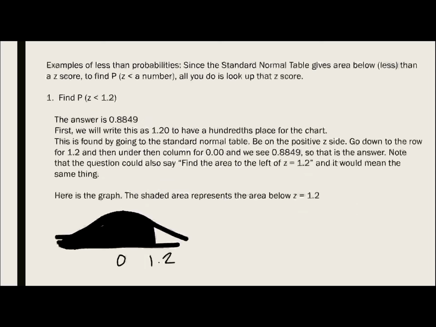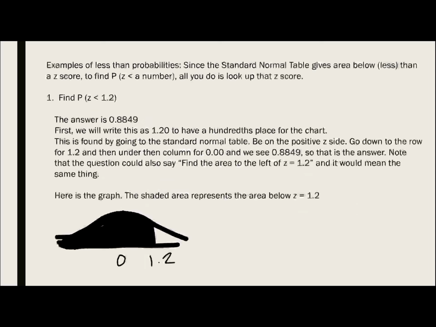Examples of less than probabilities. Since the standard normal table gives areas below, less than a z-score, to find the probability that z is less than a number, all you have to do is look up the z-score. Example 1. Find the probability that z is less than 1.2. The answer is 0.8849.